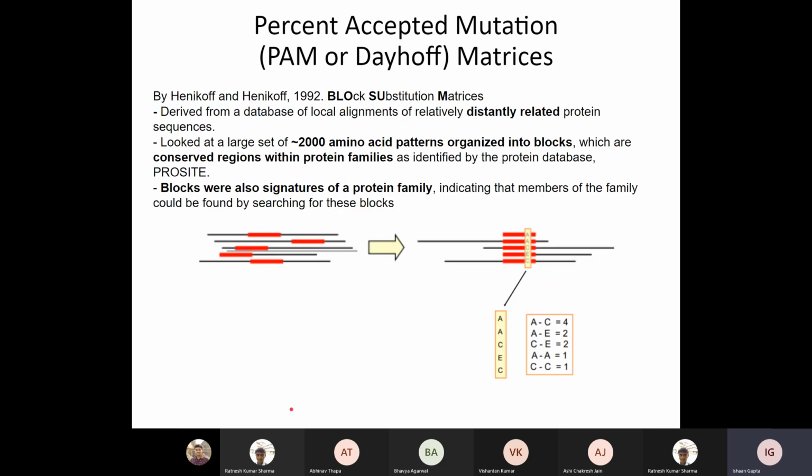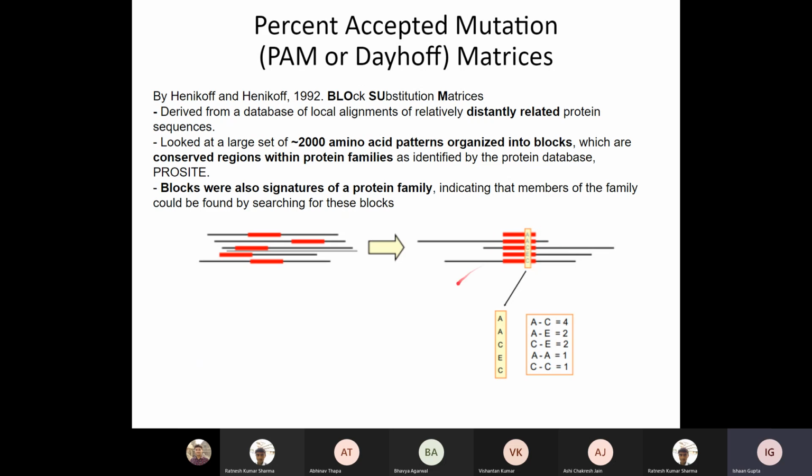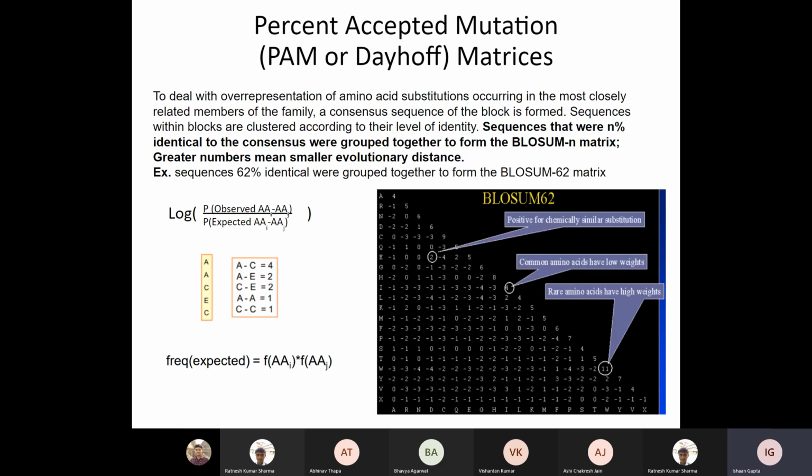But in the case of BLOSUM, we have the possibility of looking at different blocks with different kinds of substitution rates, different kinds of similarity. There would be some blocks or domains which are highly similar between proteins, and some which are not so similar.